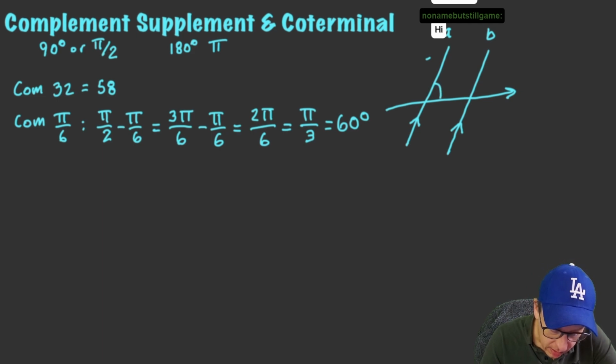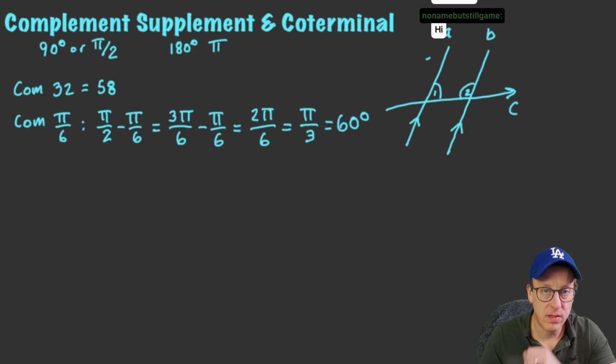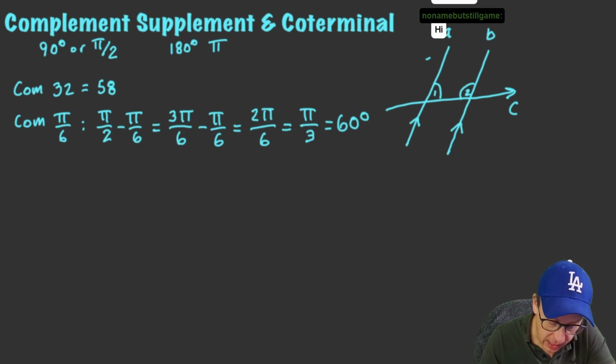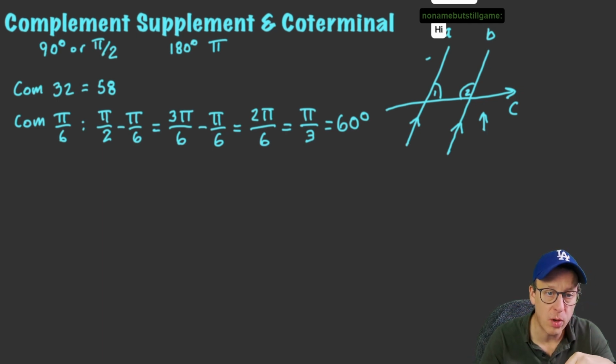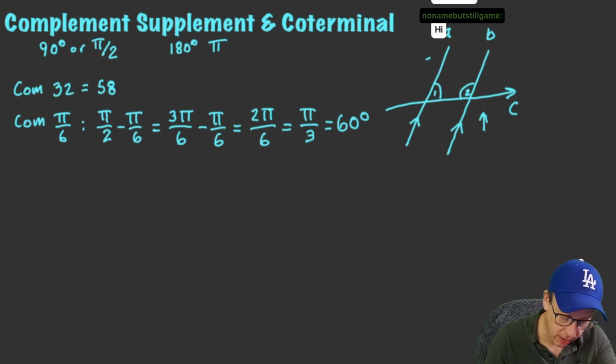We can label different angles inside of here, and let's call this line C. Well, this is going to be a transversal, and basically that's the whole content of it. So basically coterminal angles can be found by adding or subtracting 360 degrees.